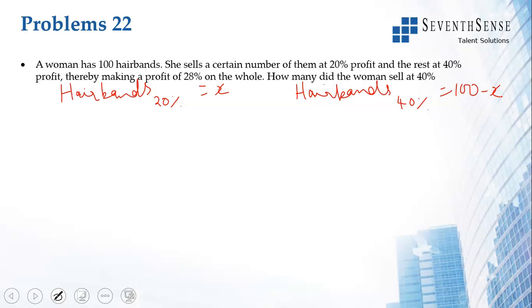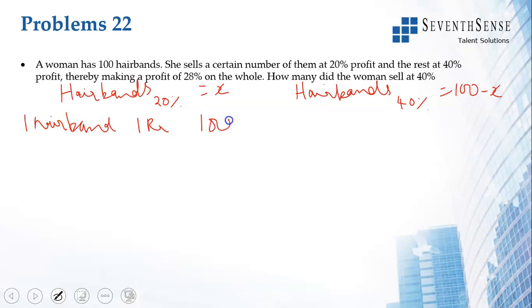Now together, when I am selling these at these prices, I am making a profit of 28% on the whole, which means a profit of 28% means I am going to get 28 rupees on 100. If let's say the total value was 100, so that gives me a clue. I'll take the cost of one hairband as 1 rupee.